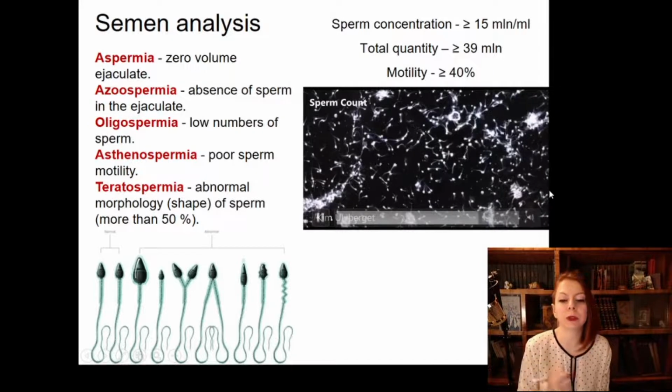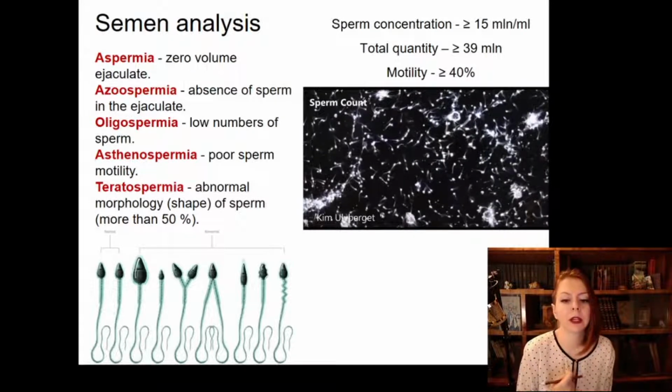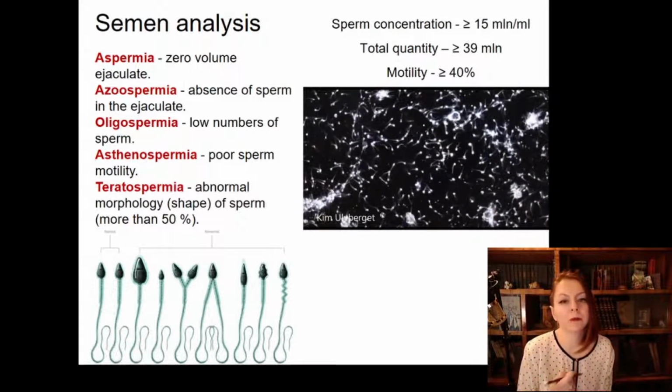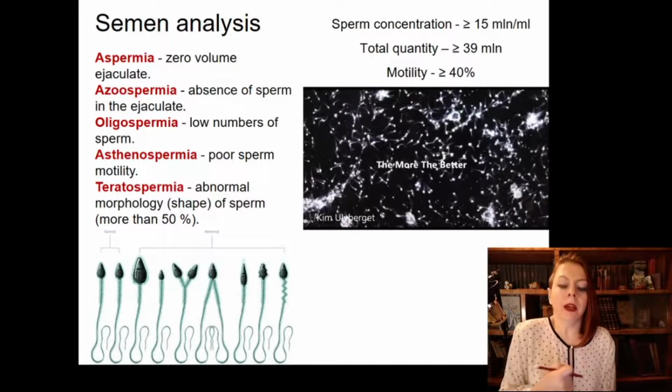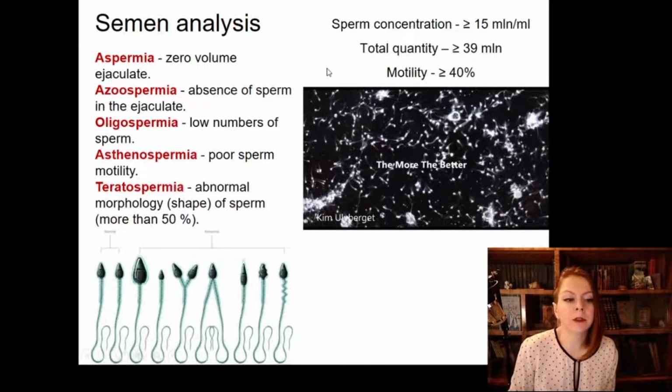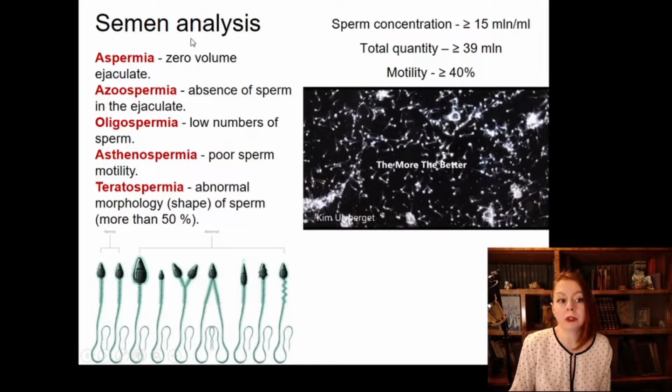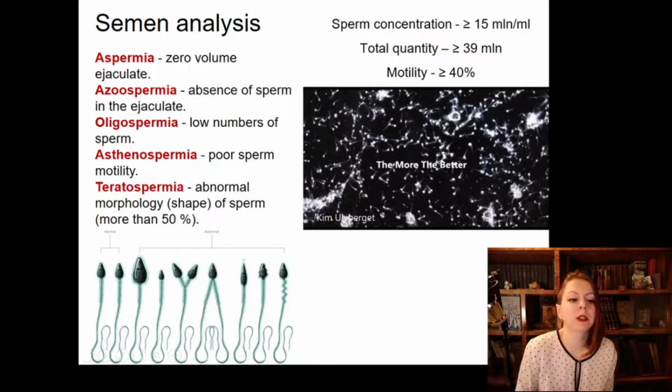So defective spermatozoa could be present, and sometimes it causes infertility problems. And semen analysis is the first procedure which is prescribed in this case. What is analyzed and what could be revealed in this case? So you have to know some terms associated with this analysis. Sometimes there is no ejaculate at all. Sometimes there are no spermatozoa in the ejaculate, so we call this azoospermia.